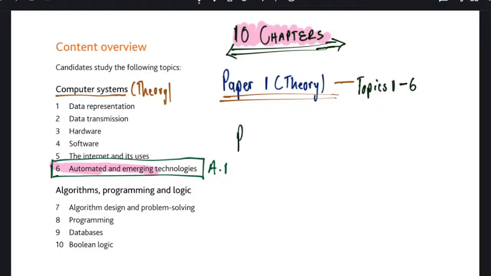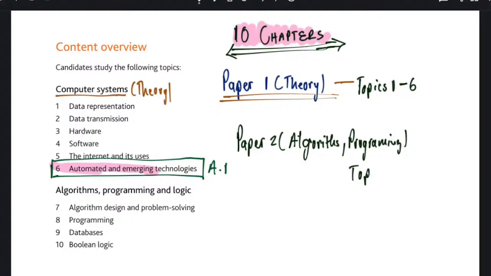Then there is paper two, which is the paper where you're going to be doing algorithms and programming, problem solving and programming. And this one you need to know chapters 7 to 10, topic 7 to 10.